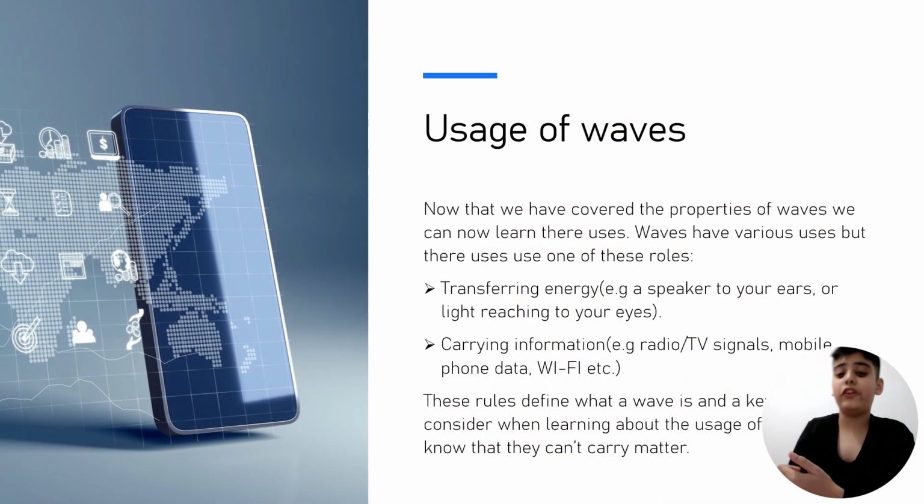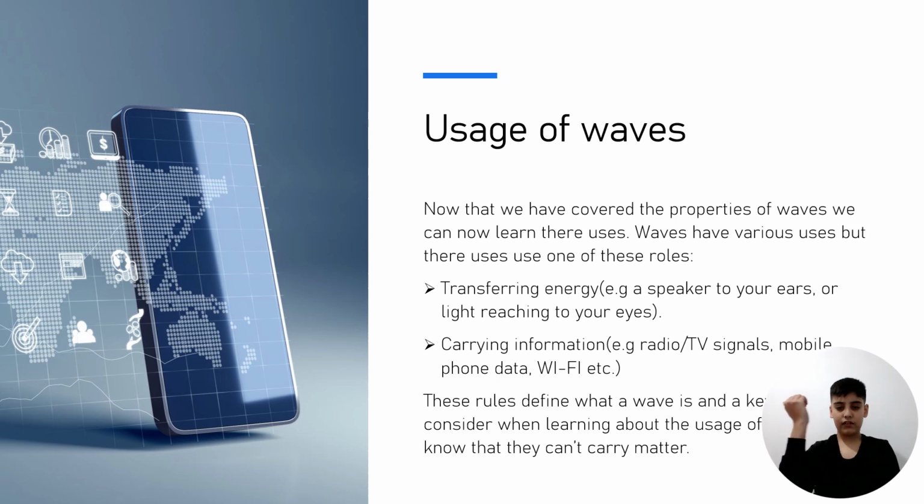That brings us on to the usage of waves. Now that we've covered all the properties, we need to understand the usage. So waves have two main roles. They fill one of these two main roles, okay? Transferring energy or carrying information. So for transferring energy, think about light.